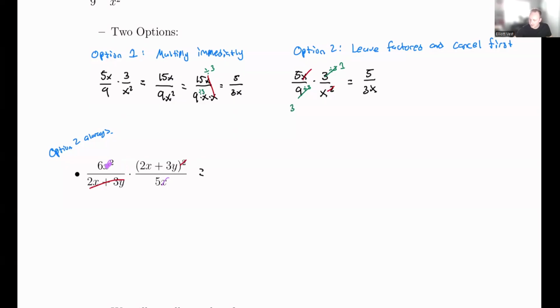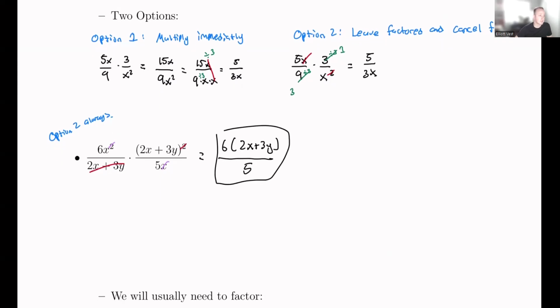The way I do it is I look at the squared and one of those x's cancels, so I'm left with just a single x remaining. So what do I have on the numerator now? I haven't canceled my 6. There's still a 2x plus 3y I haven't canceled. And on the denominator, I have a 5 still. Bing, bada, boom. That's how I would do this problem.